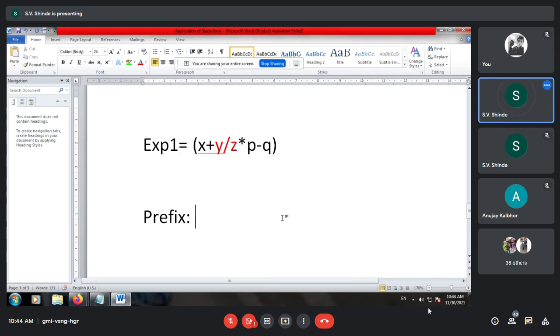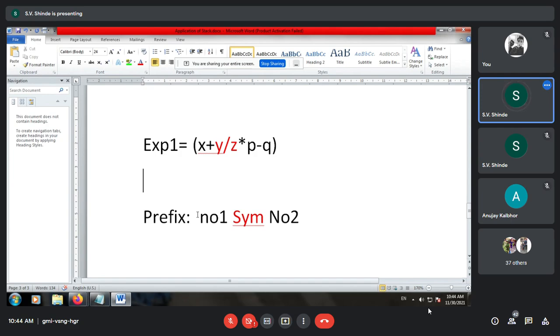Observe that the infix expression is of the type number 1 followed by a symbol and followed by number 2. So this symbol has priority. Okay.